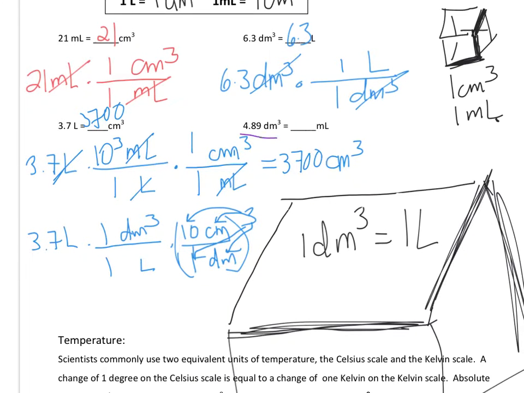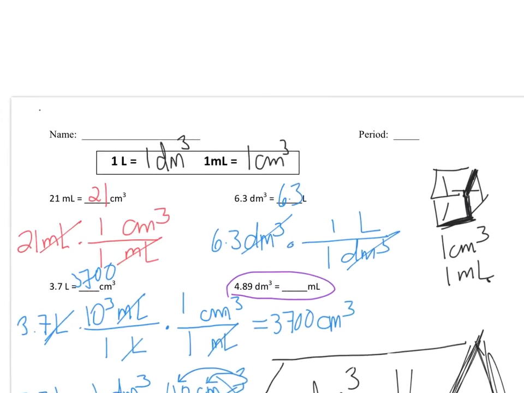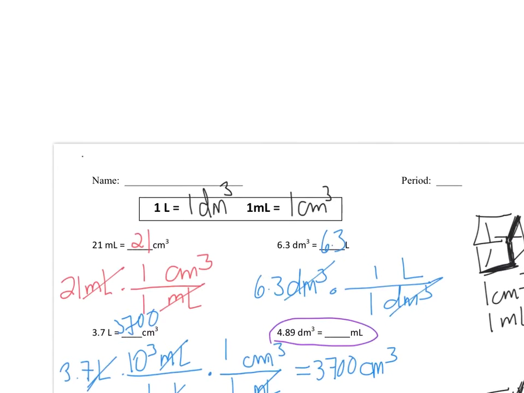Okay, let's try this one here. I'm running out of space, so I'm going to put it up here. So I want 4.89 decimeters cubed going to milliliters. So I'm going to write down what I have, 4.89 decimeters cubed. Start a conversion factor. On the bottom you want to put decimeters cubed.